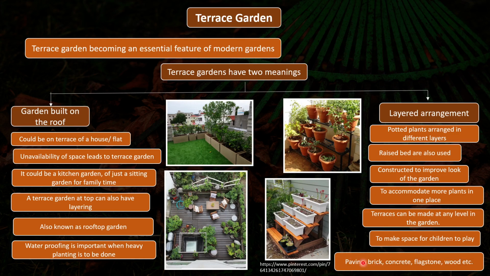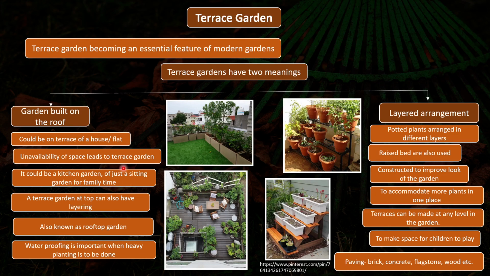Various types of materials are used for terracing. These are brick, concrete, flagstone, wood, etc. Anything can be used for terracing. And coming to the point that a terrace garden at the top can also have layers: if you make a terrace garden on the top of your house, here also you can have this kind of rack that will provide terracing or layering.